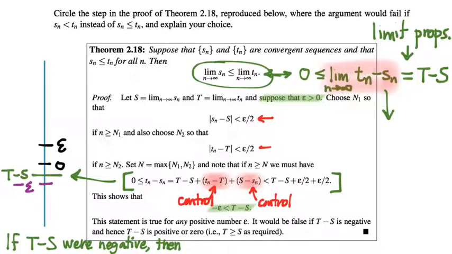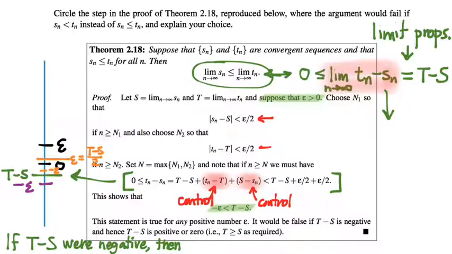So what would be an example of such an epsilon? How about just t minus s over 2? As an example, right? If epsilon were t minus s over 2, then minus epsilon would no longer be less than t minus s. Right?